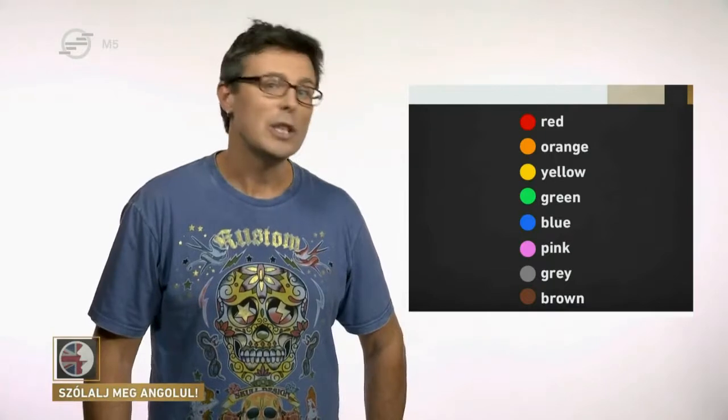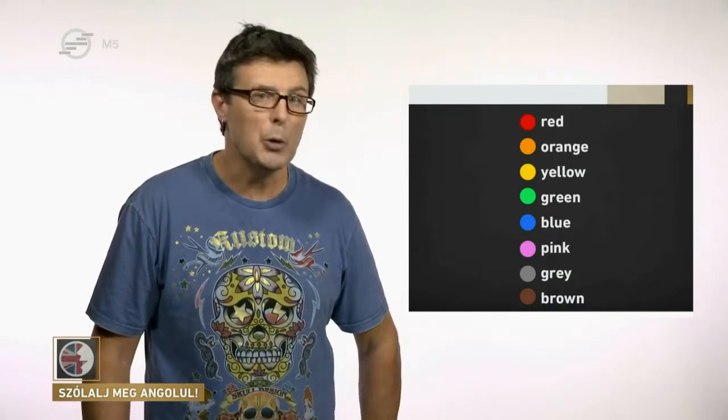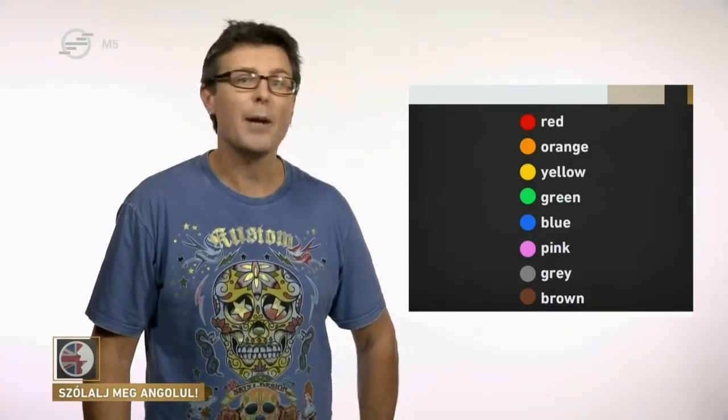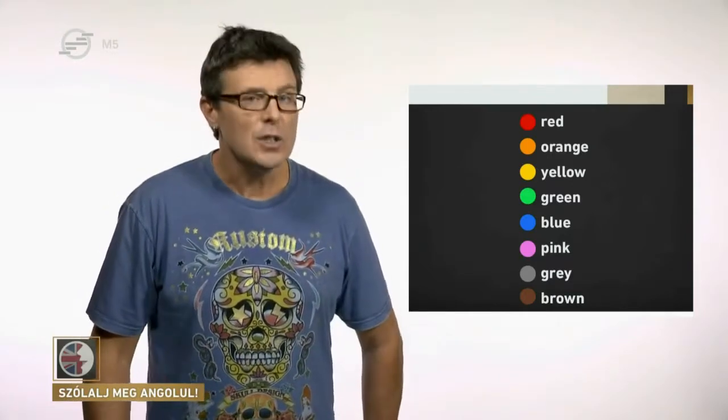And then we learned red, orange, yellow, green, blue, pink, grey and brown. So, we can use these adjectives, these colours, to give more information about people. I've got brown and grey hair. She's got black hair. He's got red hair.